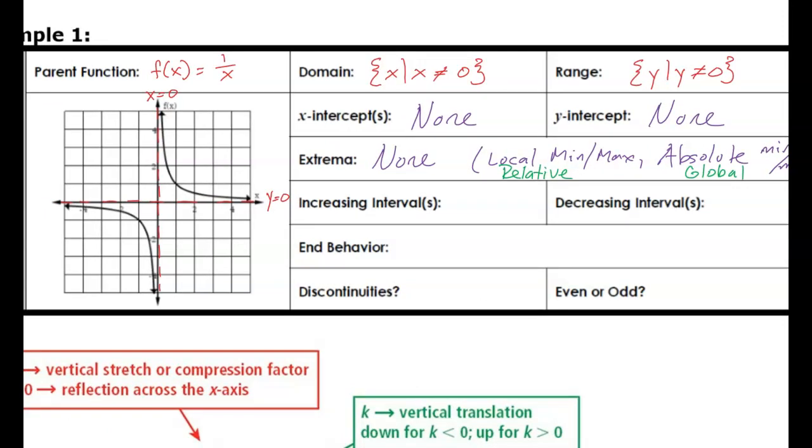Do we have increasing or decreasing intervals here? Yes. Now I'm going to tell you, there's only one, increasing or decreasing, which is always decreasing. Because remember, when we're talking about increasing and decreasing intervals, you always read from left to right.